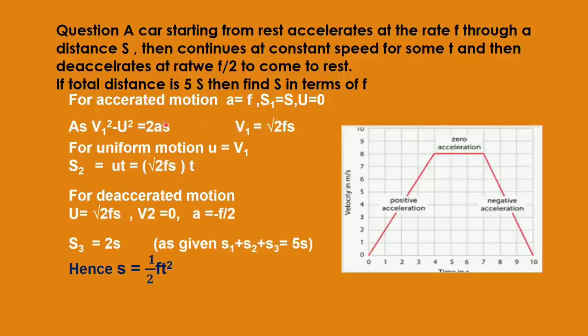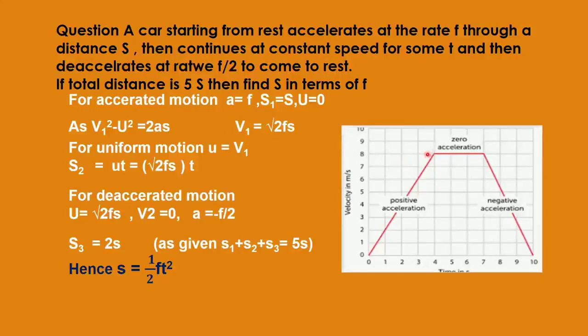Now of course you can find velocity here by using the third equation of motion. If I say the final velocity here is v1, then v1 square minus u square is equal to 2as. So v1 is coming out to be the square root of 2fs, because the value of a is given as f. This is the highest velocity.